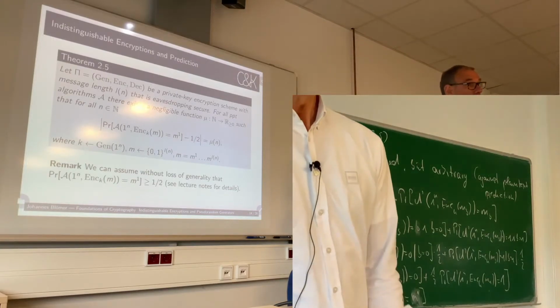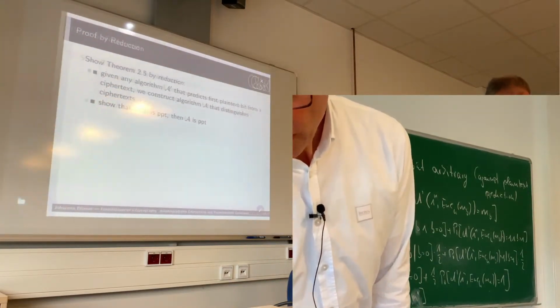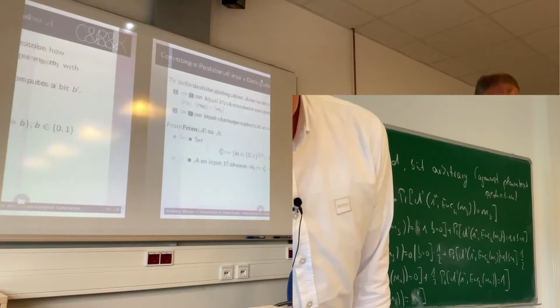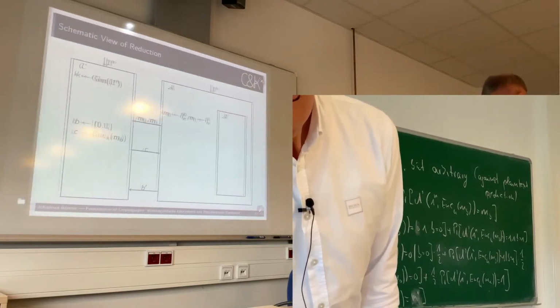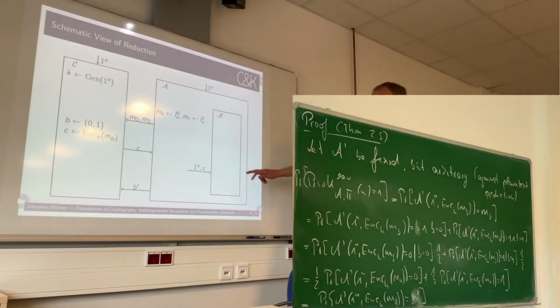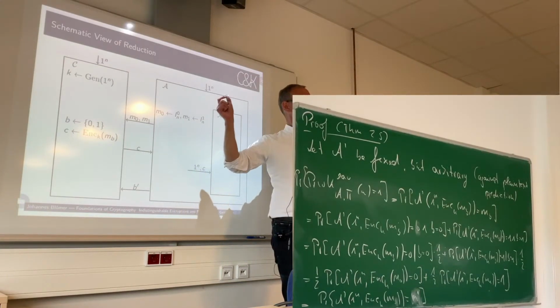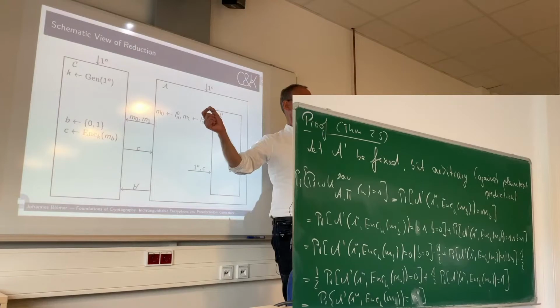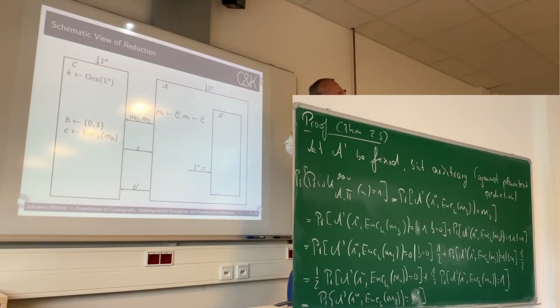So what A prime gets in here as input, C, is really a truly random plaintext. The encryption of a random plaintext.